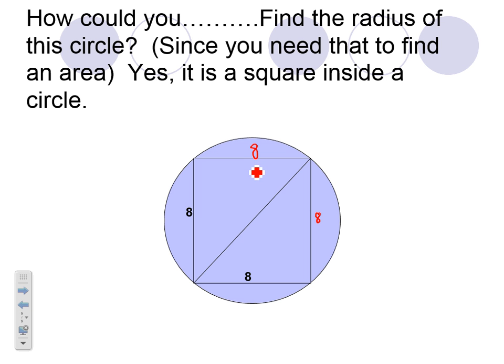So I need to know something about squares. What do we know about squares? We know that all the sides are the same. And because we know that, we probably can find this diagonal, which is the diagonal of the square, which is also the diameter of the circle.